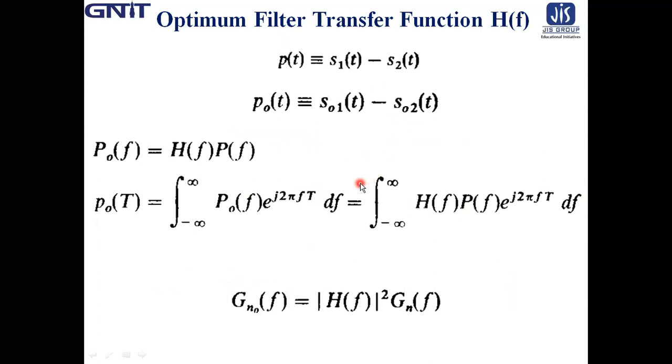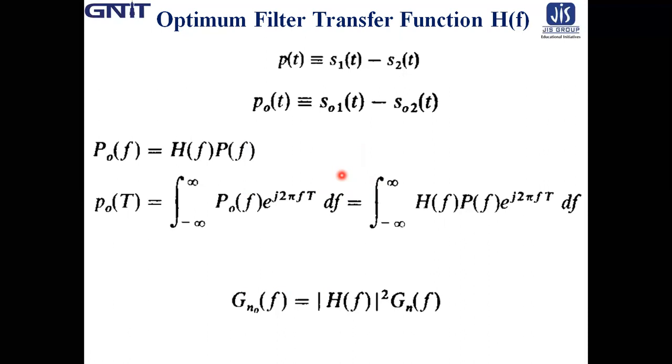Calculation of the optimum filter transfer function H(f). We have seen that the ability of the receiver to do so depends on how large a particular receiver can make gamma.